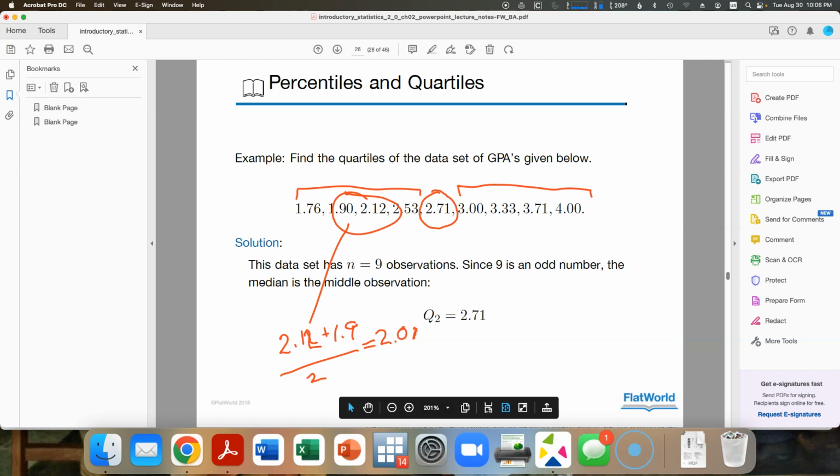And then over here, we would have 3.33 plus 3.71, divided by 2. And that gets me 3.52.